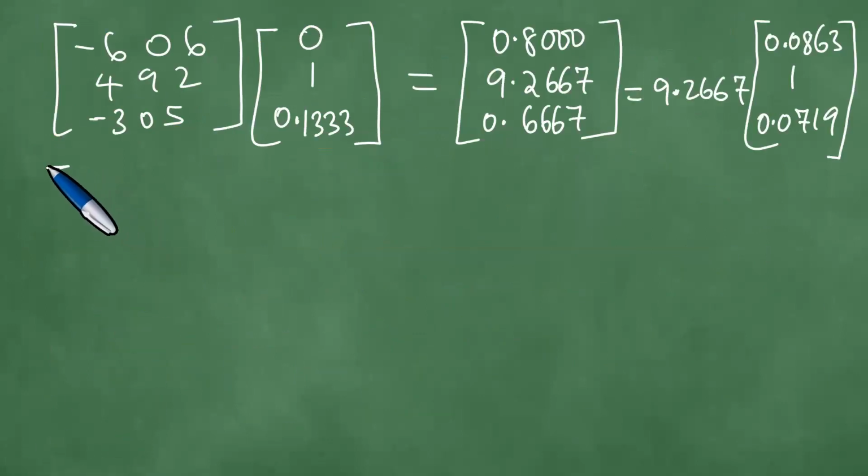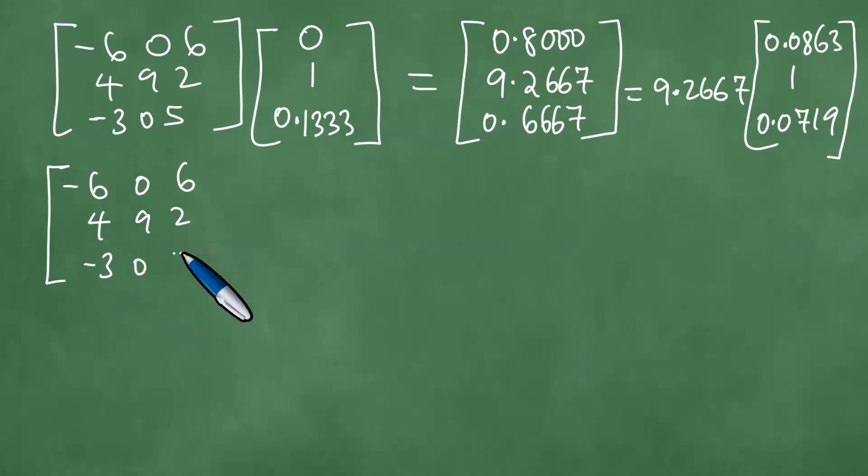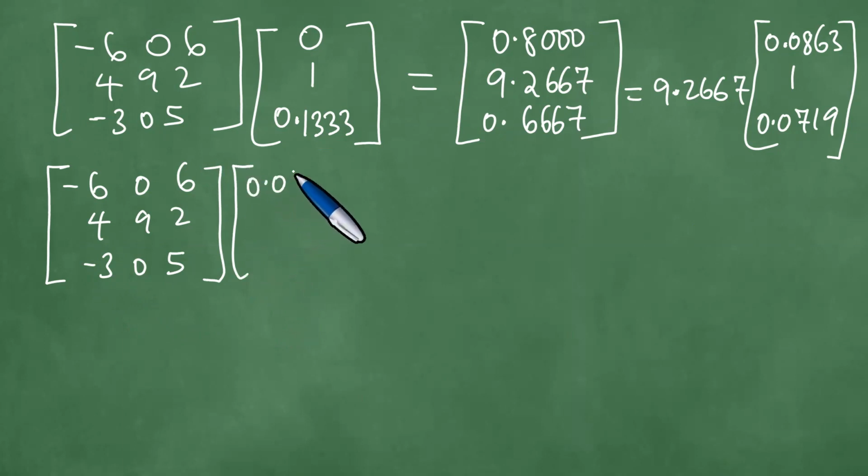Right, during the third time, we take still the matrix A. And then 492 minus 305. We multiply by 0.0863, 1, 0.0719.